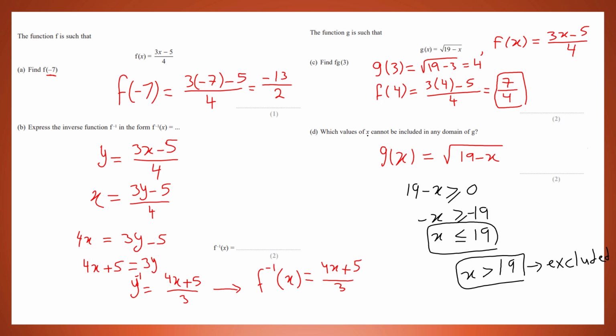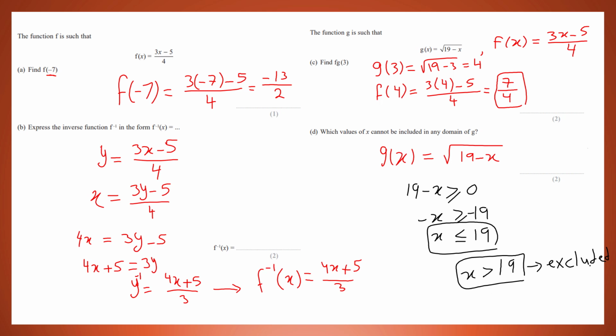But here we need to know which values must be excluded. Anything which is greater than 19 is excluded. If you try to put 20, for example, 19 minus 20 is negative 1. There is no square root for negative 1. 19 minus 21 is negative 2. So all the values greater than 19 are excluded.